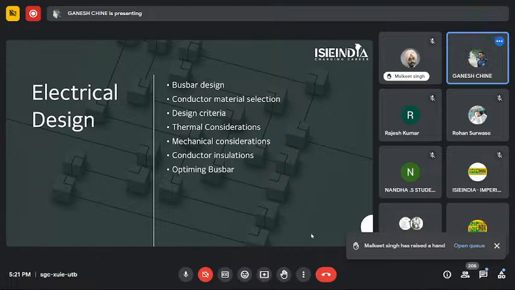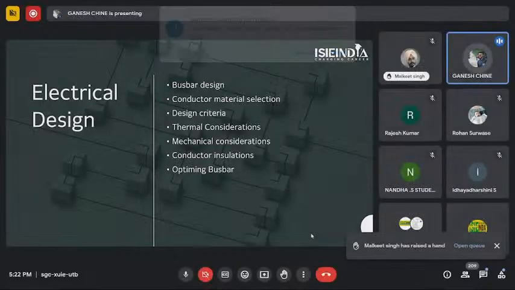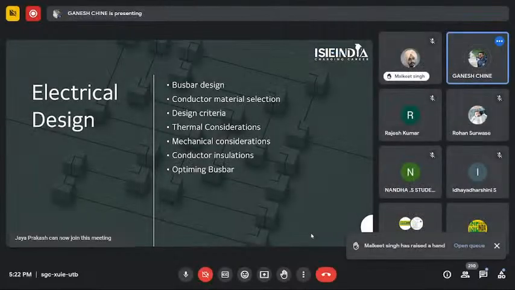First is system operation. When we design the bus bar wrongly, we face many problems, such as we get less current, and when we get less current, definitely we lose efficiency.